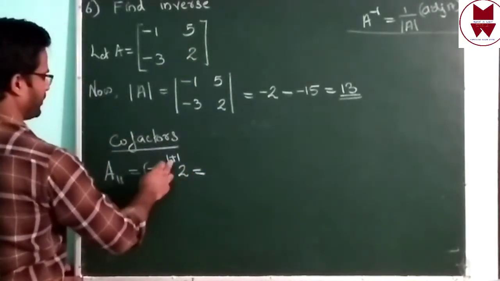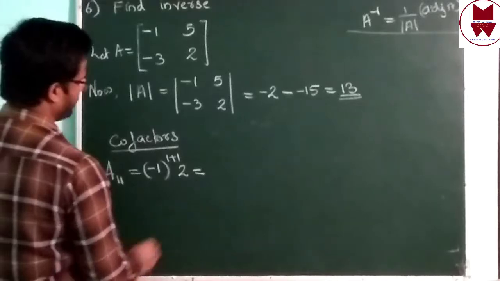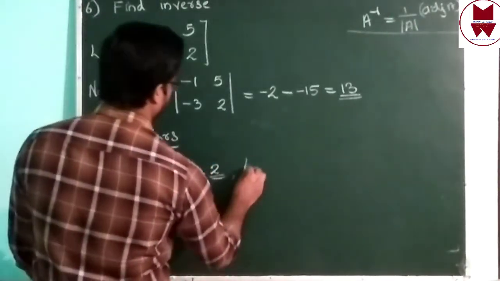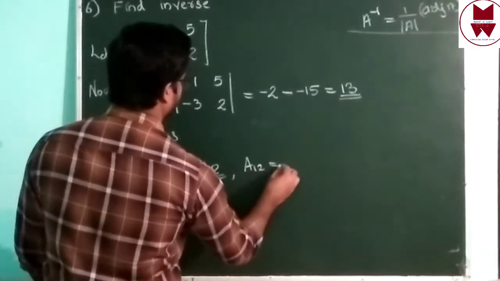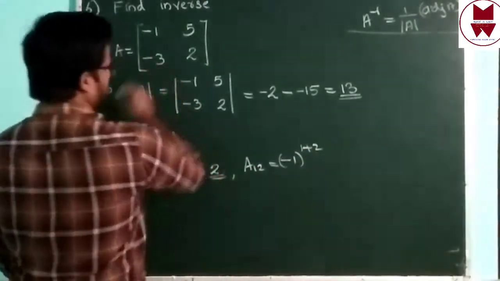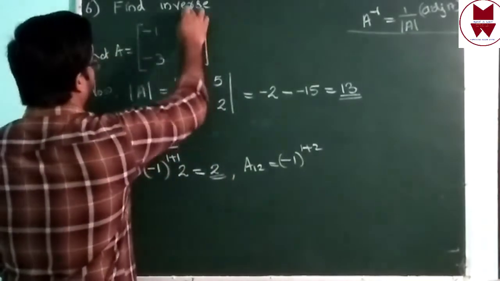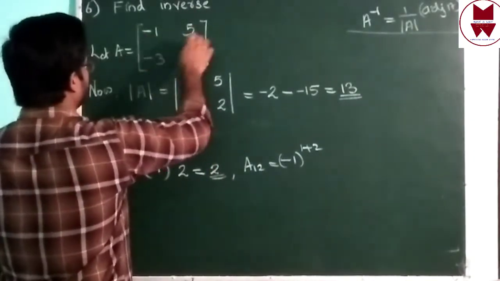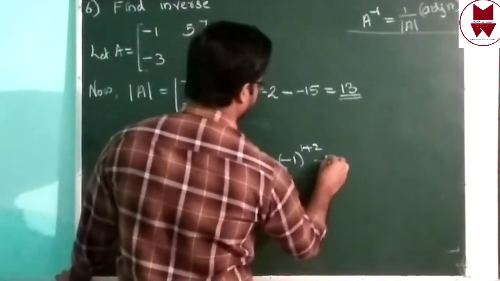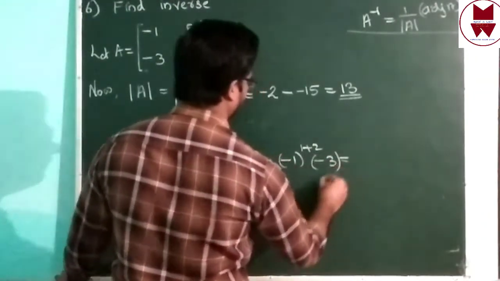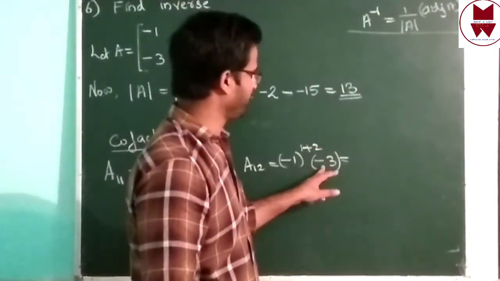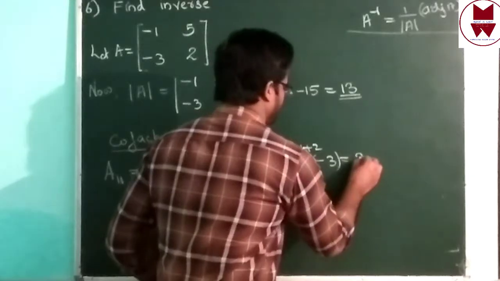Minus 1 all square is plus 1, into 2, equals 2. A12, minus 1 all raised to 1 plus 2. Delete the first row and second column, then remaining minus 3. Minus 1 all cube is minus 1, into minus 3, equals plus 3.